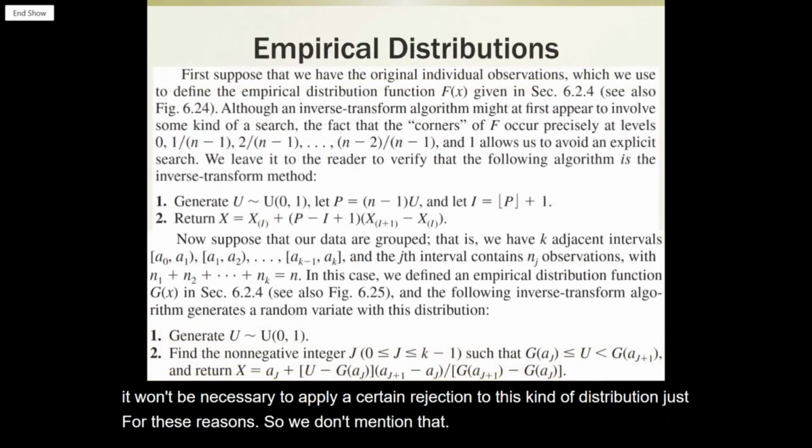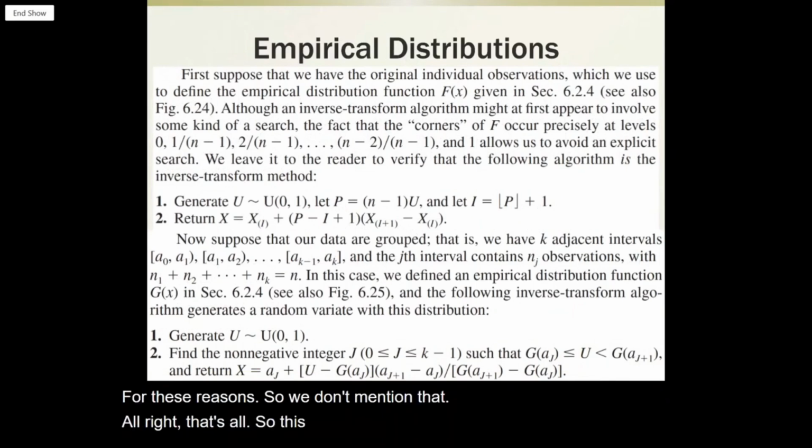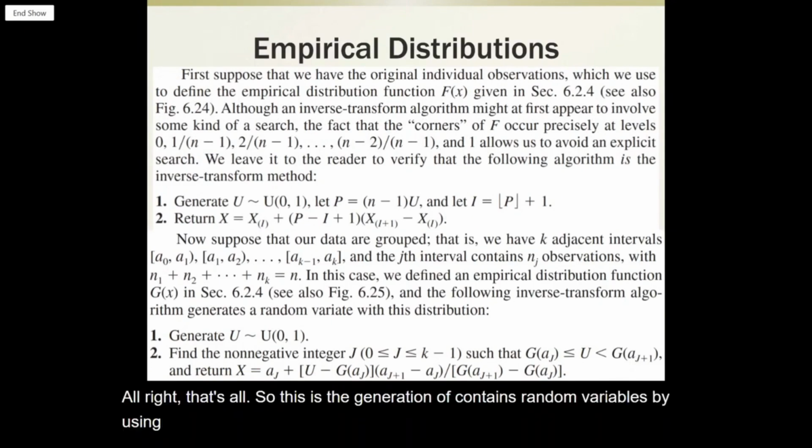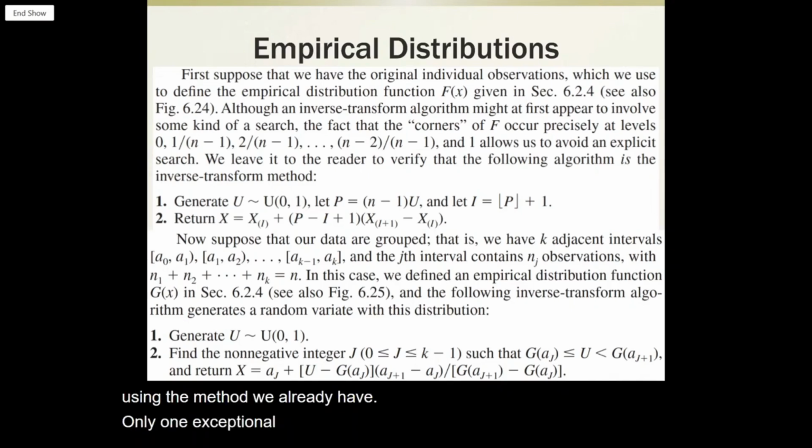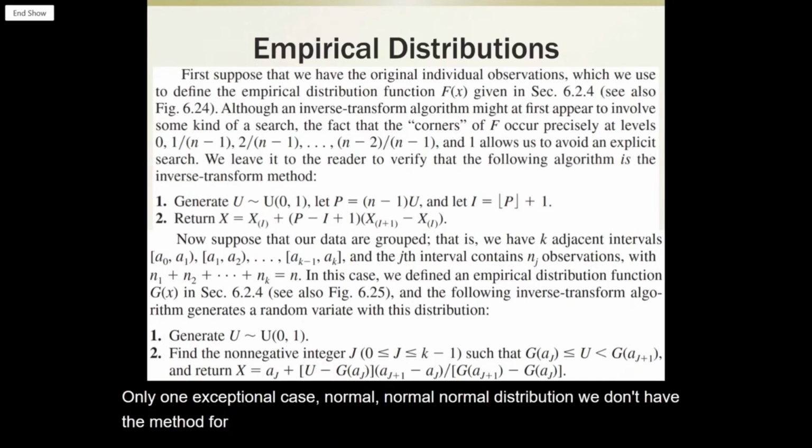All right, that's all. So this is the generation of continuous random variables by using the method we already have. Only one exceptional case, normal distribution, we don't have the method for you. All right, we have it directly.